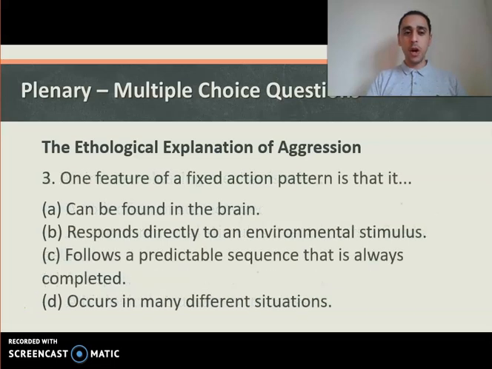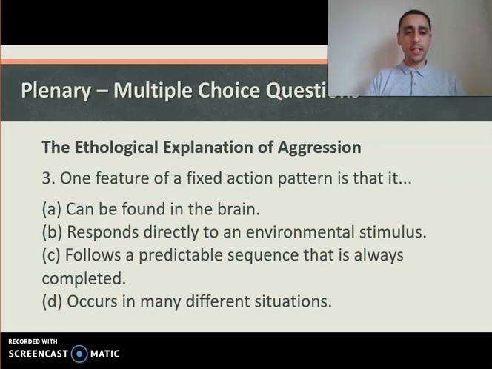Number 3. One feature of a fixed action pattern, FAP, is that A. It can be found in the brain. B. Responds directly to an environmental stimulus. C. Follows a predictable sequence that is always completed. Or D. Occurs in many different situations.